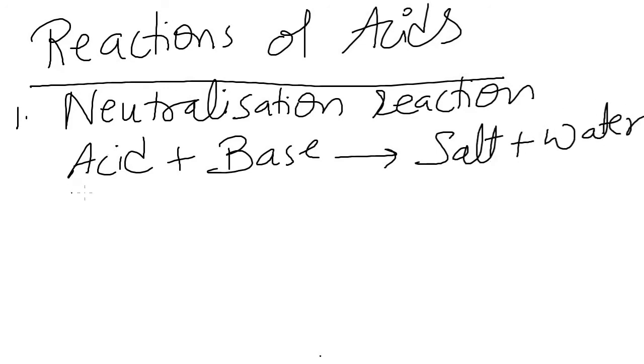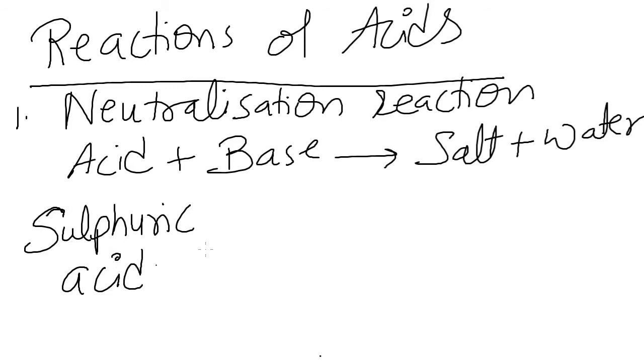Okay, let's take an example. Suppose I take sulfuric acid. Sulfuric acid or nitric acid or hydrochloric acid, you can choose any of the acids, and then I take a base. The most common base I can take maybe sodium hydroxide.